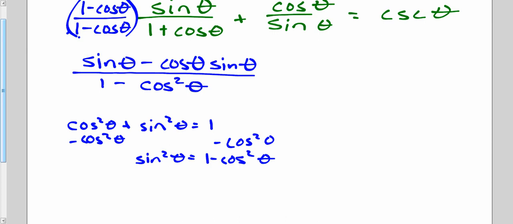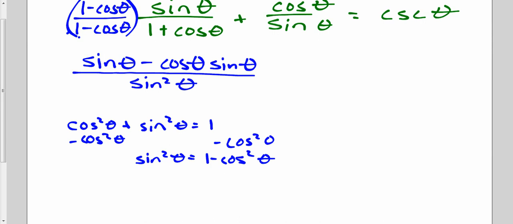Okay, so substitution property of equality. Very good, Dawson. I'm going to replace this guy with that guy because that guy is equal to that guy. Okay? So this is going to be sine squared theta.